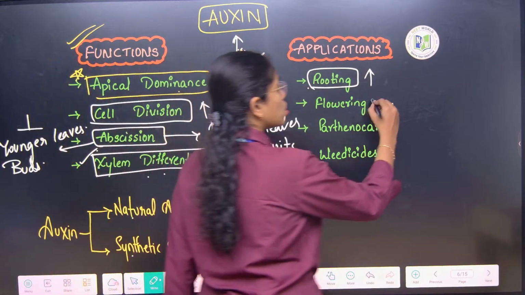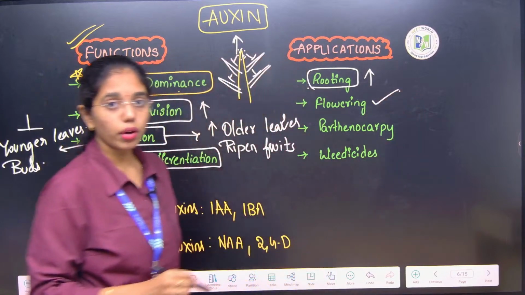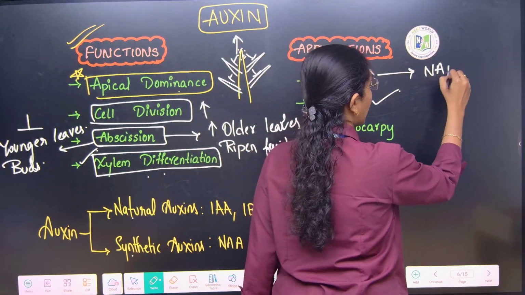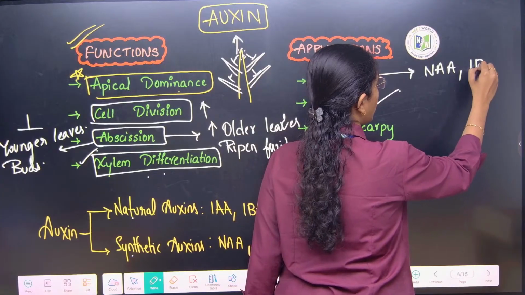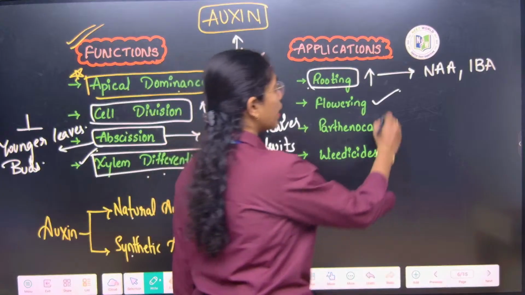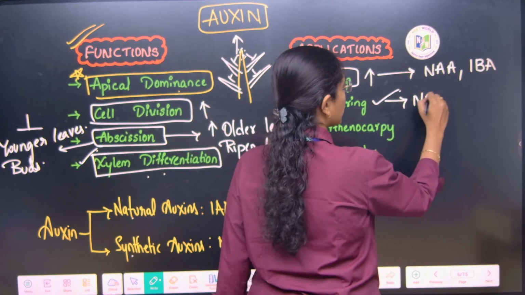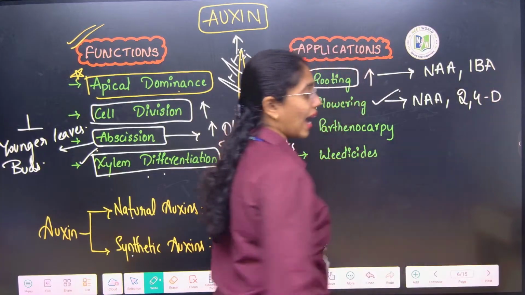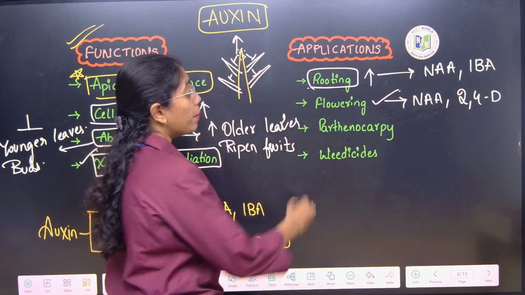Second, auxins will promote flowering. Rooting is promoted by naphthalene acetic acid and indole butyric acid. Flowering is promoted by naphthalene acetic acid and 2,4-dichlorophenoxyacetic acid.